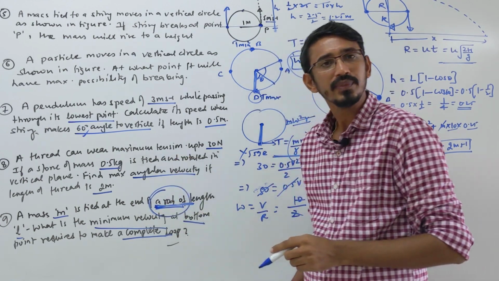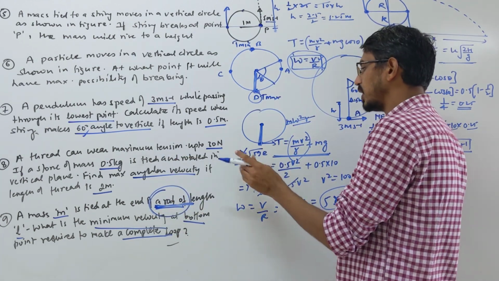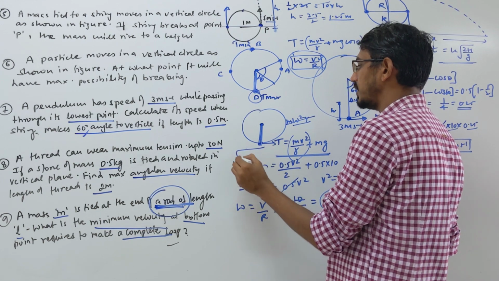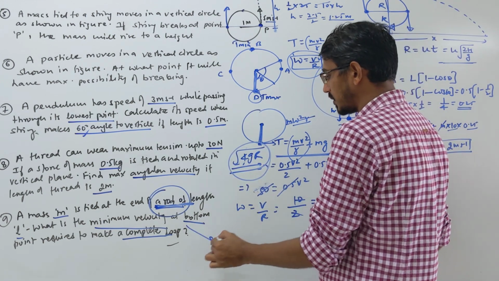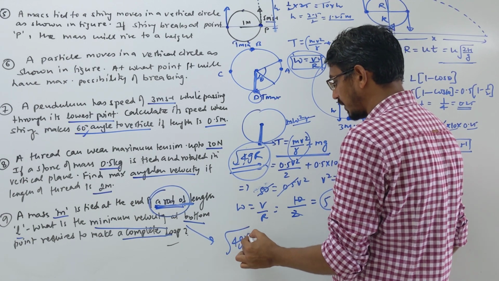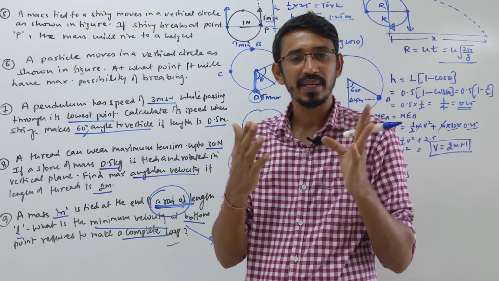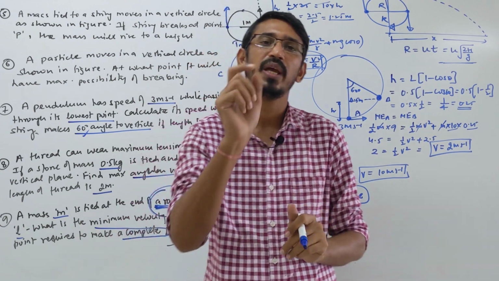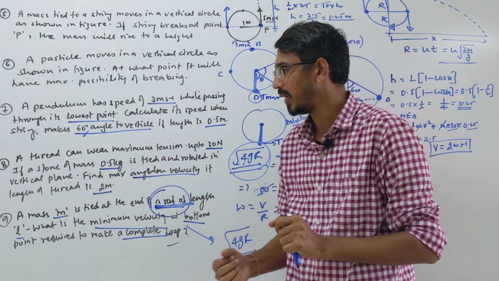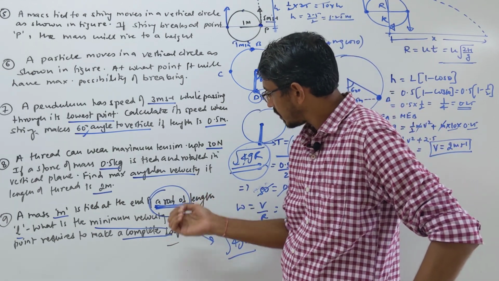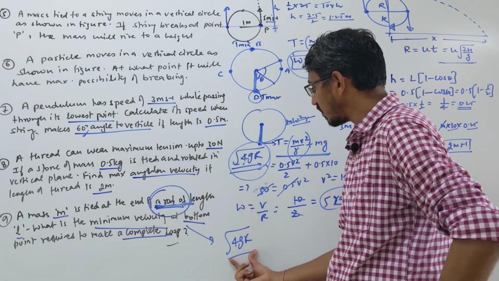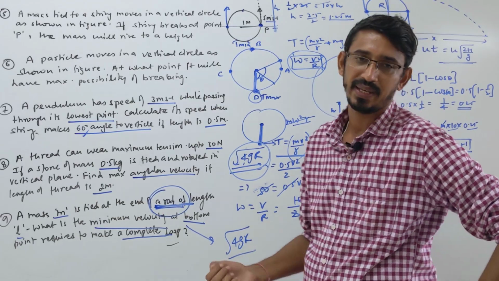For a rod, the velocity at the lowest point to make a complete loop will be simply root 4 gr, not root 5 gr. The answer to this question is root 4 gr. For strings of negligible mass and flexible, the velocity at the lowest point to make a complete loop is root 5 gr. But if the same question talks about a rod, then it becomes root 4 gr. Be careful about that.